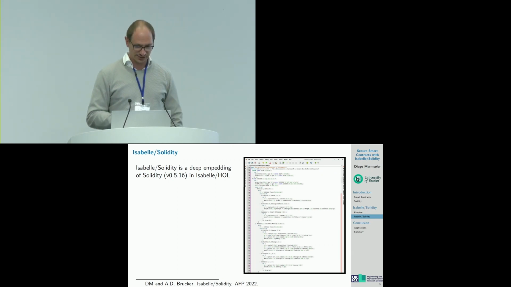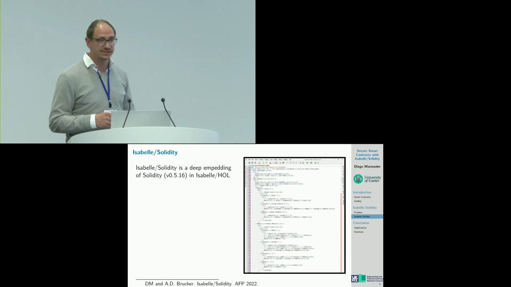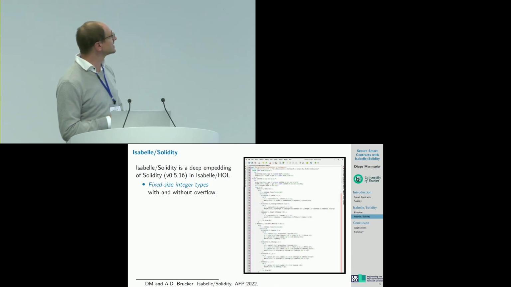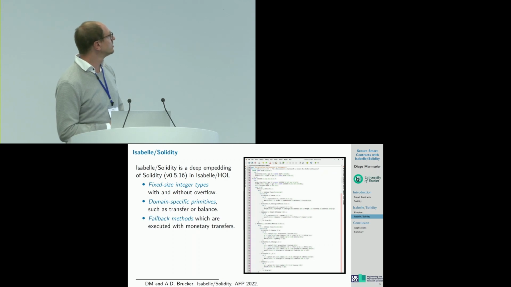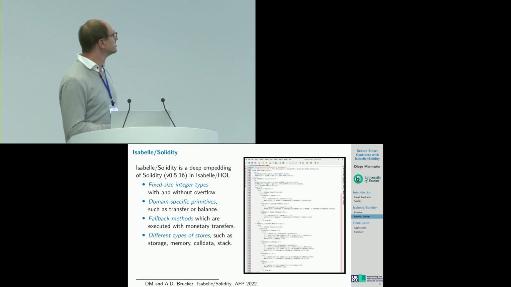And we support many of the features which are characteristic for Solidity. For example, fixed-size integer types with and without overflow, or domain-specific primitives such as transfer or balance queries, or also fallback methods which are automatically executed once we receive funds.